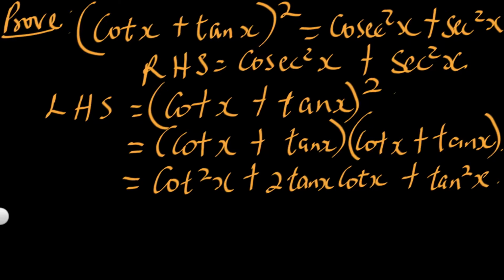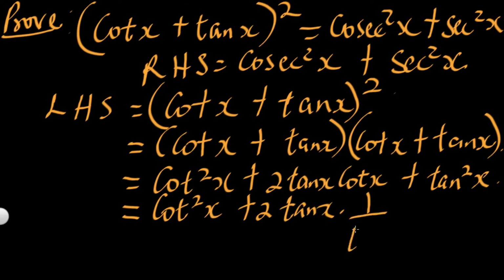There is something that you should see here. The middle term, there is a relationship between tan x and cot x. They are the inverse of each other. And we know that cot x is actually 1 over tan x. So I can write this as cot squared x plus 2 tan x times 1 over tan x plus tan squared x.